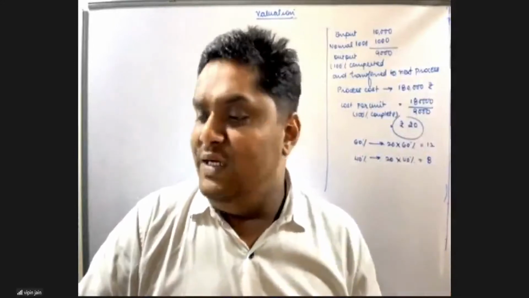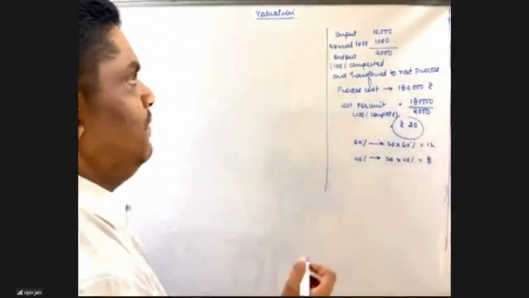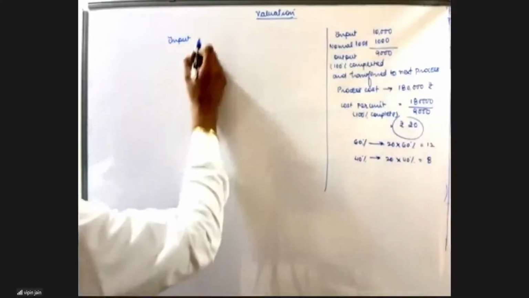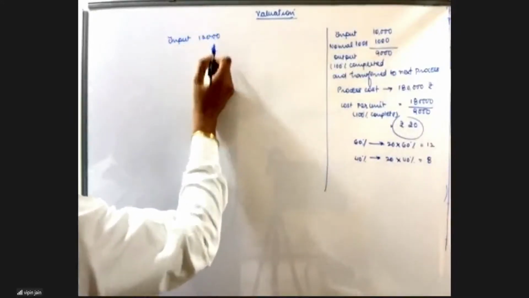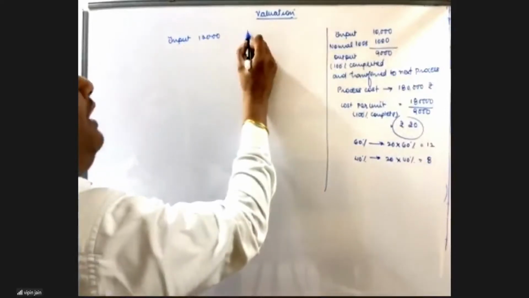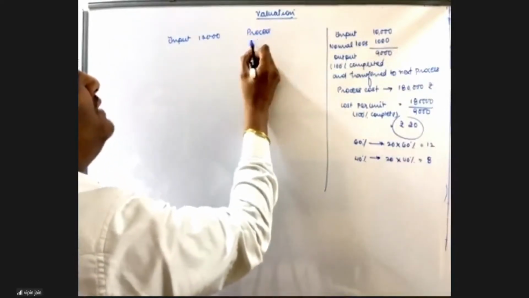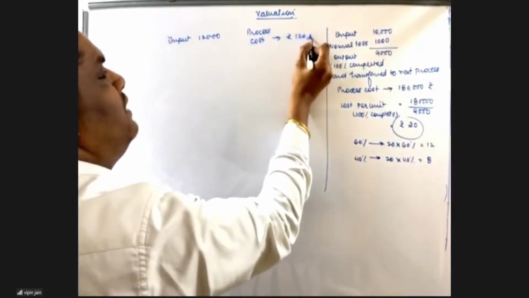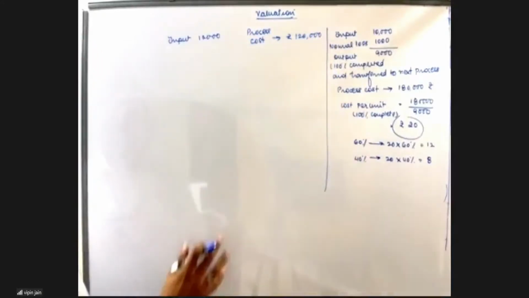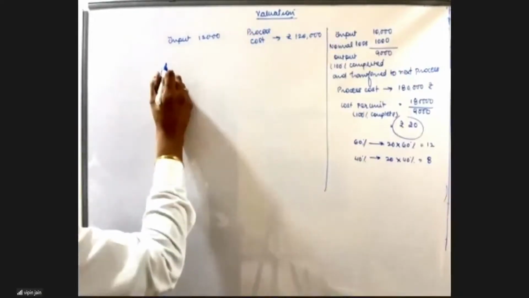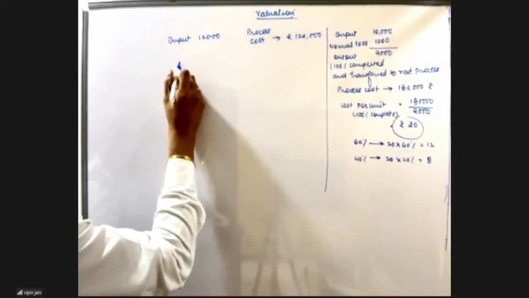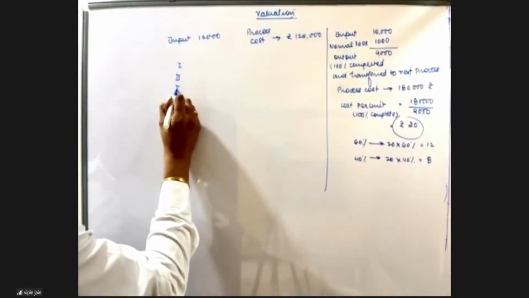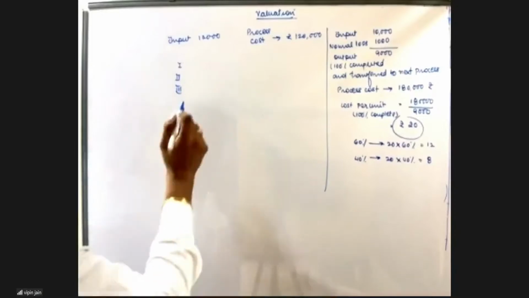Now let's take a different situation wherein, let's say, my input is 10,000 units. There is no normal loss. And further, the process cost is, let's say, rupees 1,20,000. But when talking about the output, we are getting three categories of output.